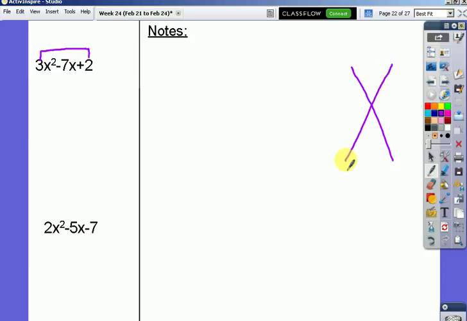What goes on the top? Okay. What goes on the bottom? No, it's negative 7. Yeah.